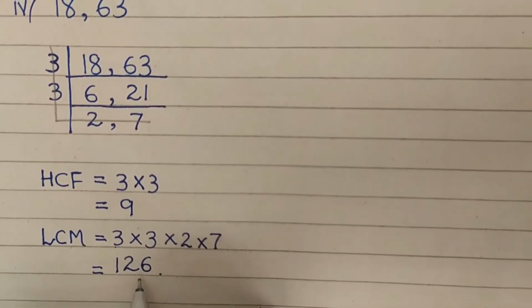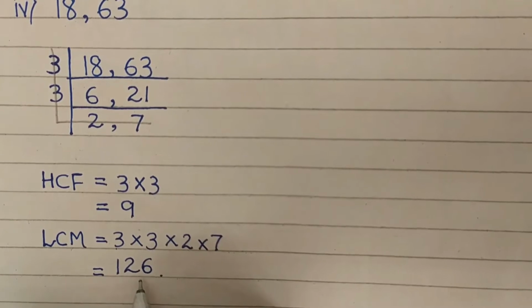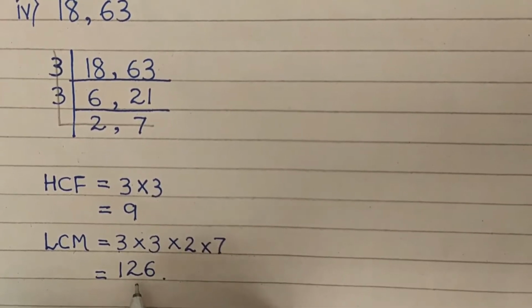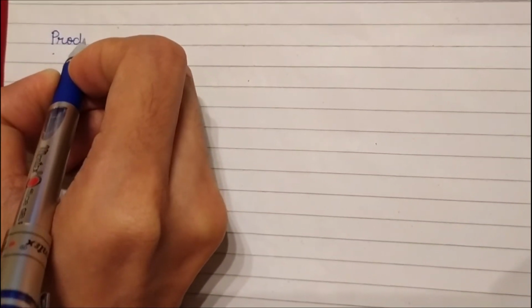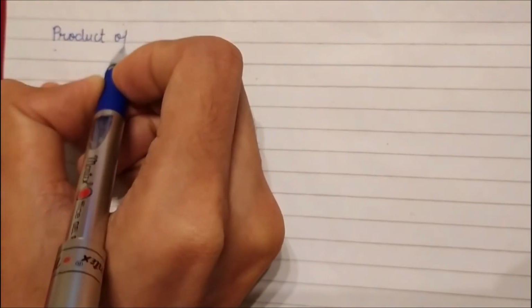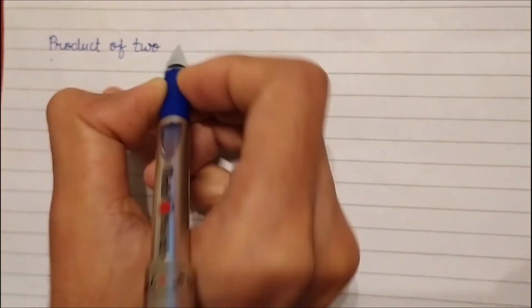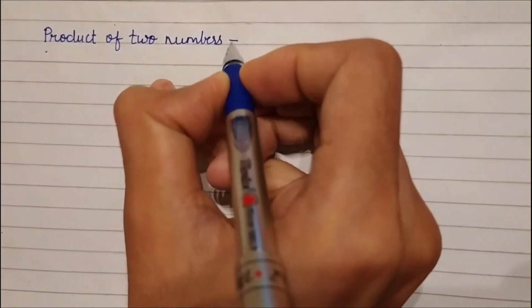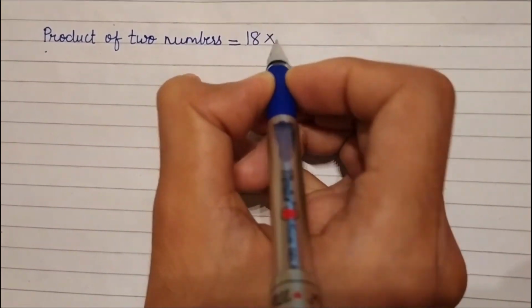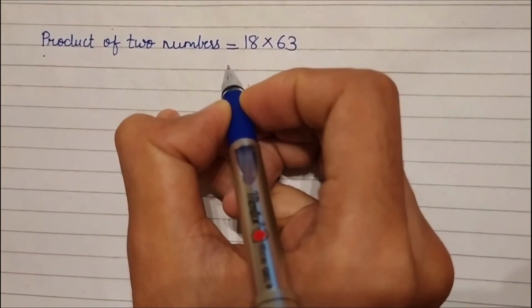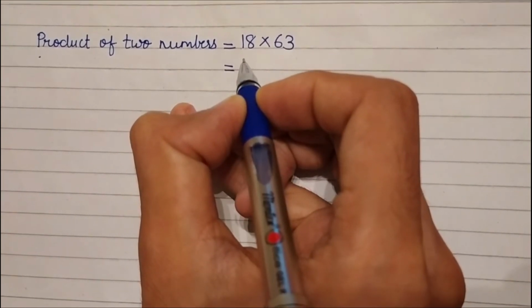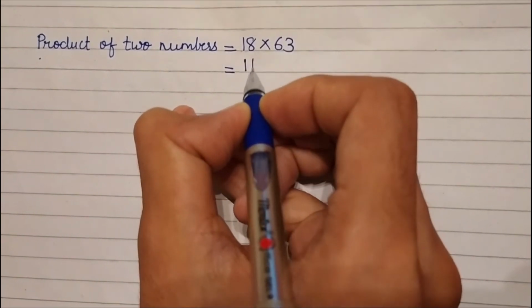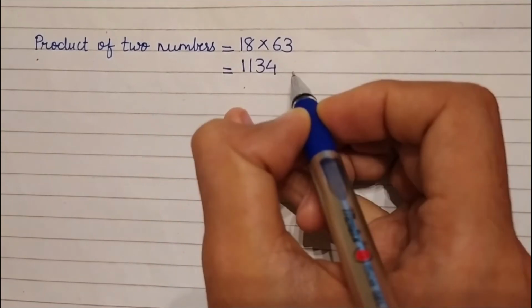Now let's proceed towards verification of relationship. Now children, let's find out product of two numbers. Product of two numbers is equals to 18 into 63. Now 18 into 63 is 1134.